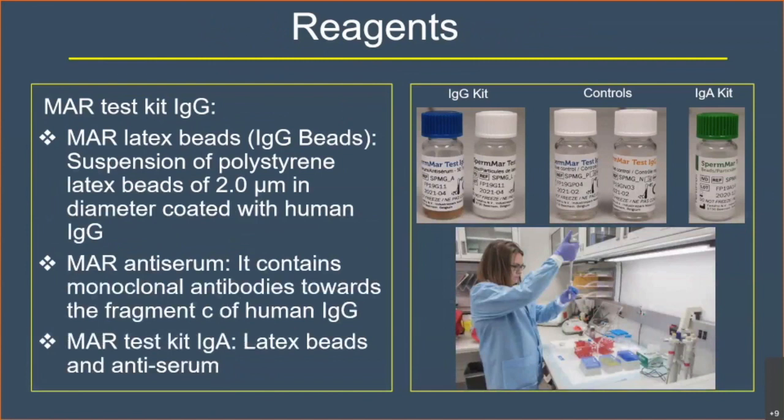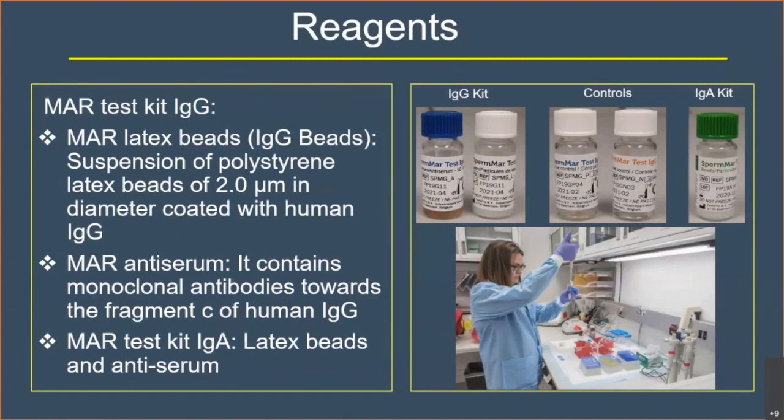So the reagents listed are, and we have provided the illustrations on the right side. The first important reagent is the MAR test IgG kit. And this kit is illustrated as the first illustration, and it is labeled.